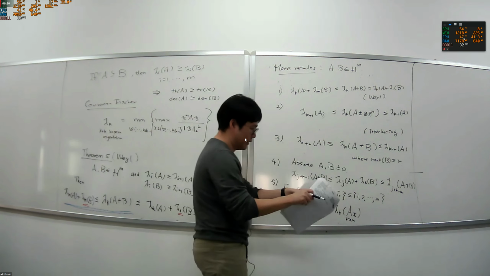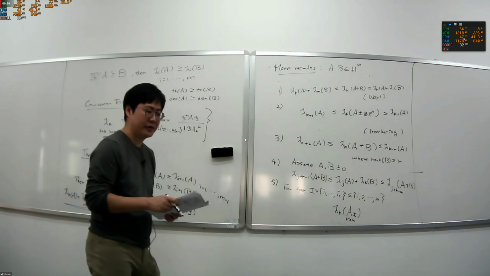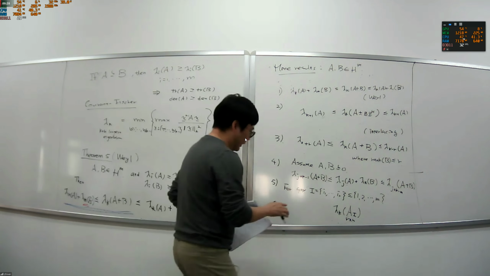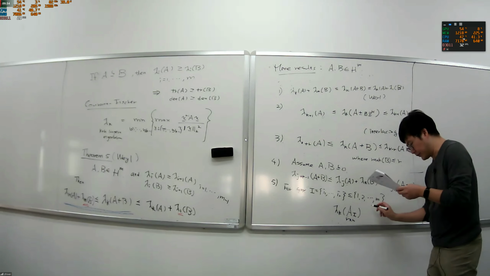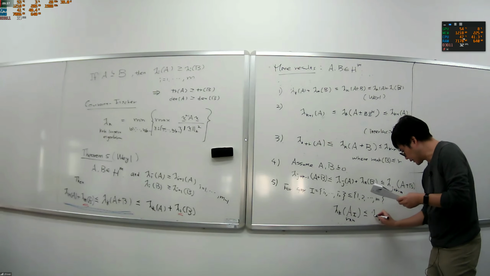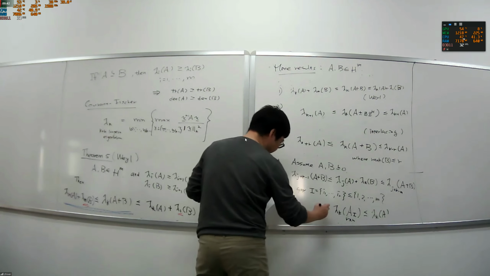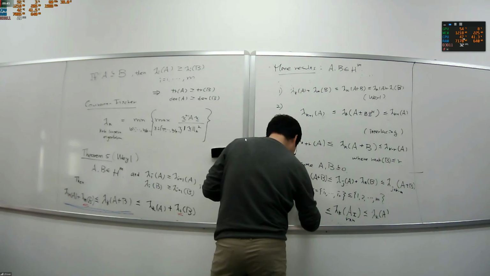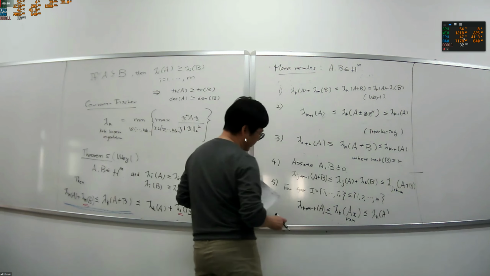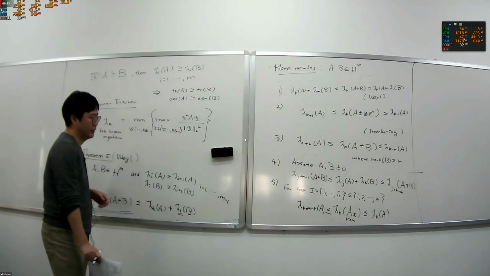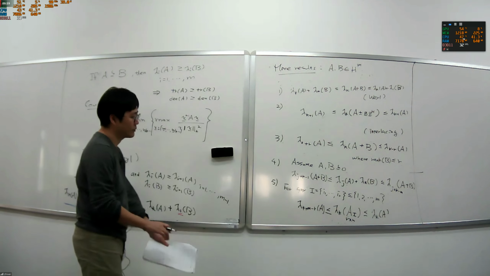So A_I is taken from matrix A according to this index set. Then this A_I's k-th largest eigenvalue will be no more than the k-th largest eigenvalue of the original A, but will be no less than the (k plus n minus r)-th eigenvalue of A. Okay, so these give a bound if you have these principal submatrices.